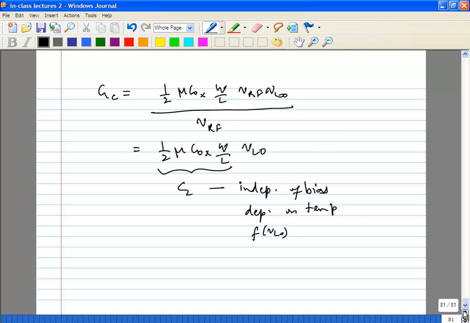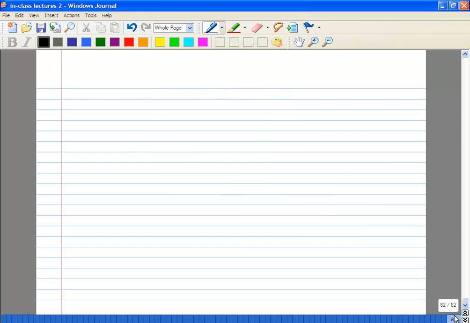Before moving on, let's do one more thing. We are going to calculate the same thing for a bipolar mixer. Let's just quickly do that. What's the equation for a bipolar transistor?